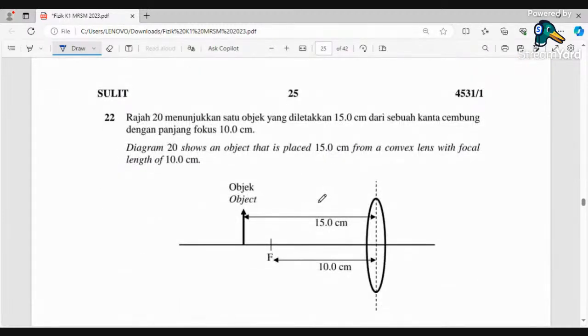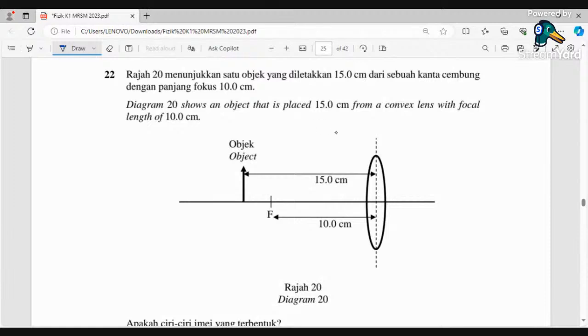Okay, number 22, convex lens, converging lens, focal length 10 cm. Okay, ini lens, focal point, and then this is in front of the lens. Object, ini ialah object distance, ini ialah focal length.